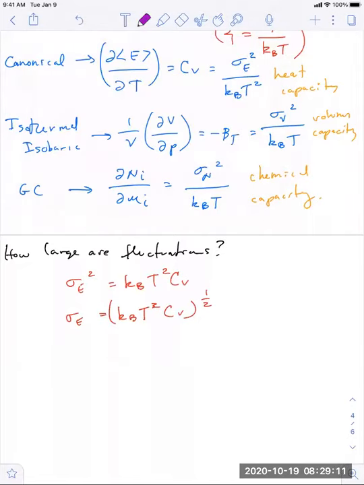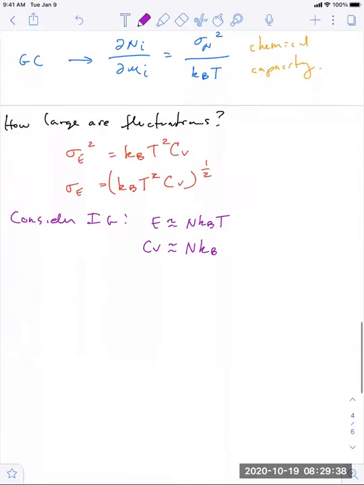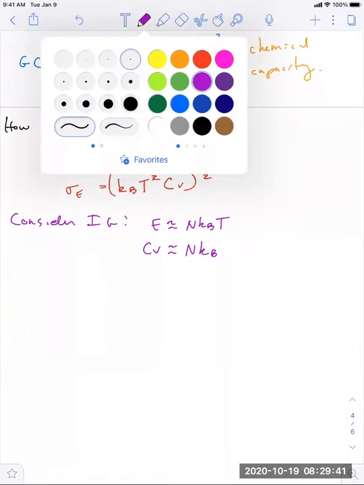And just for the purposes of order of magnitude analysis, if we have an ideal gas, then the energy is going to be on the order of NkBT. And the heat capacity, being the derivative of the energy with respect to temperature, is just going to be NkB. So if we want to think about how large the fluctuations are, then the absolute value is not so important, but the relative magnitude is what's important.